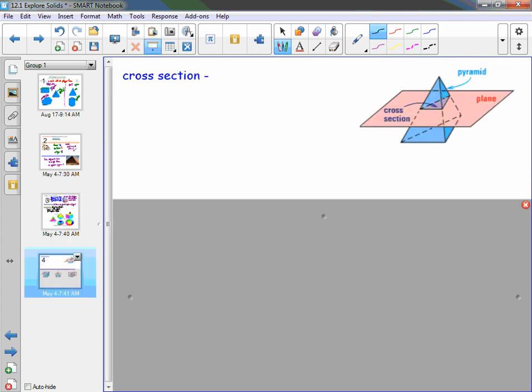The last thing in this section is we're going to talk about cross sections. And a cross section is the result of a plane intersecting a solid. So as you can see here, in the pinkish color, a plane is drawn such that it goes through.